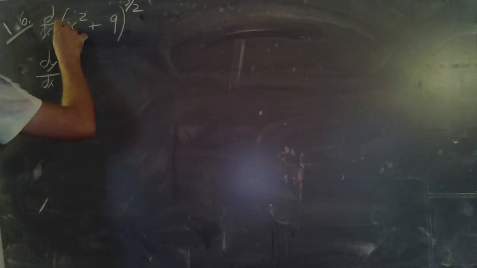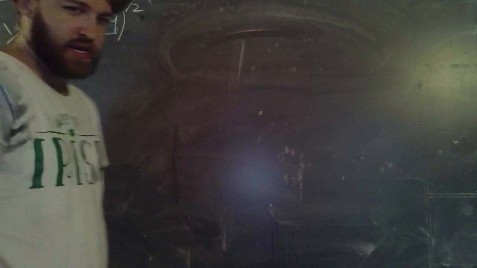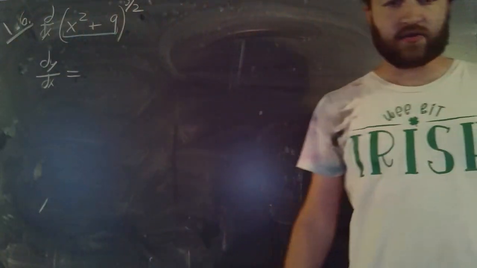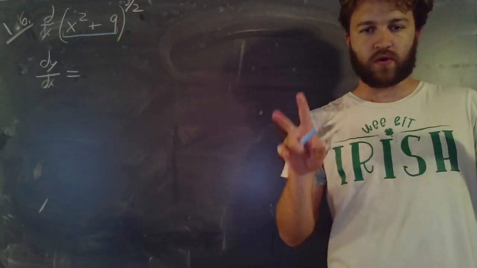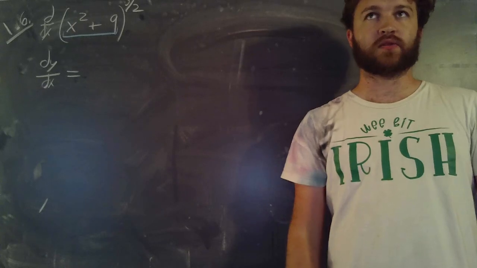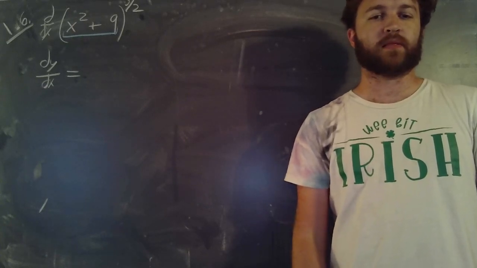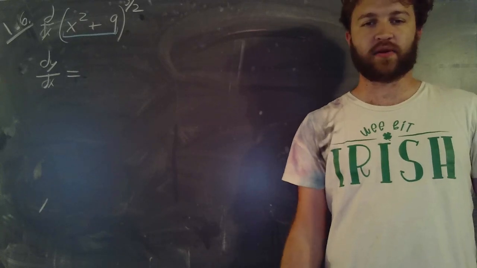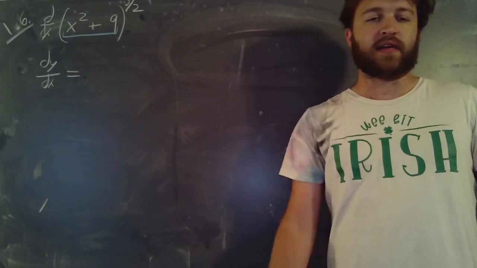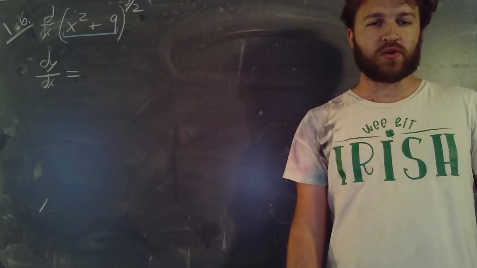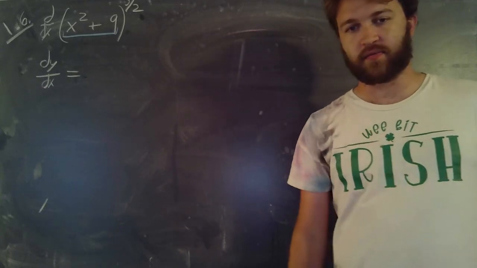If we do what I like to call wishful thinking: we don't know how to take this derivative, it's what I would call quote-unquote hard. So let's look for a function we do know how to take the derivative of that's easier, that could tell us how to come up with the final product.